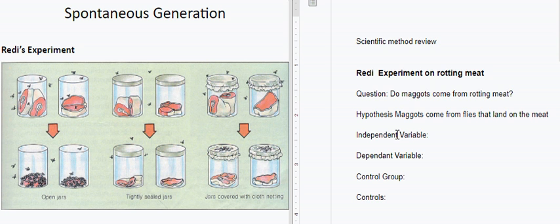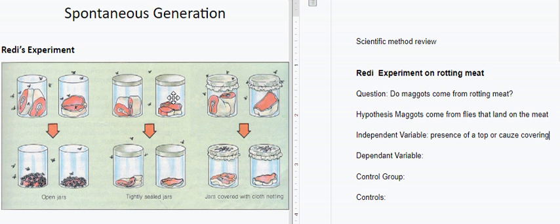So in this particular experiment, where you have all these little flies flying around the rotting meat, the one variable between all these jars is the presence of a top or gauze covering. All right. It was either left open, it was completely sealed, or it had gauze on it.